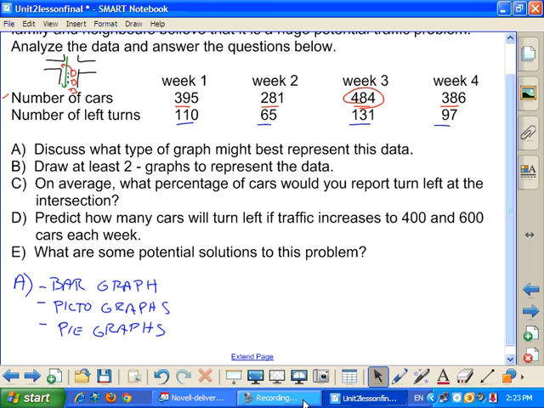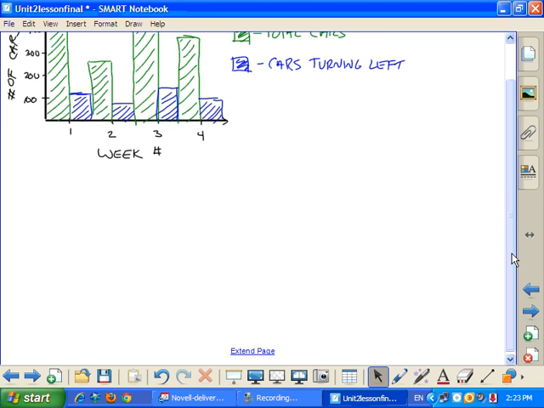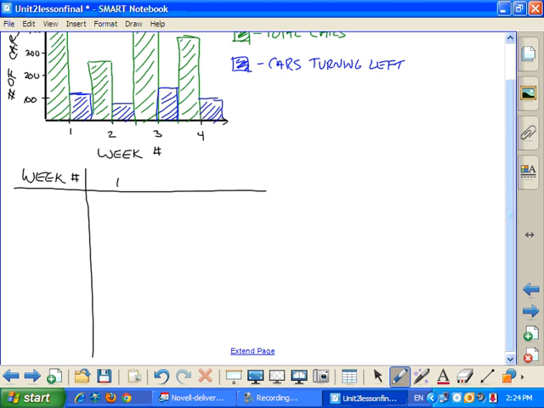If we go with a pictograph, we can set it up very similar to how we did it here: week number across here, total cars, and then in blue, left turns.